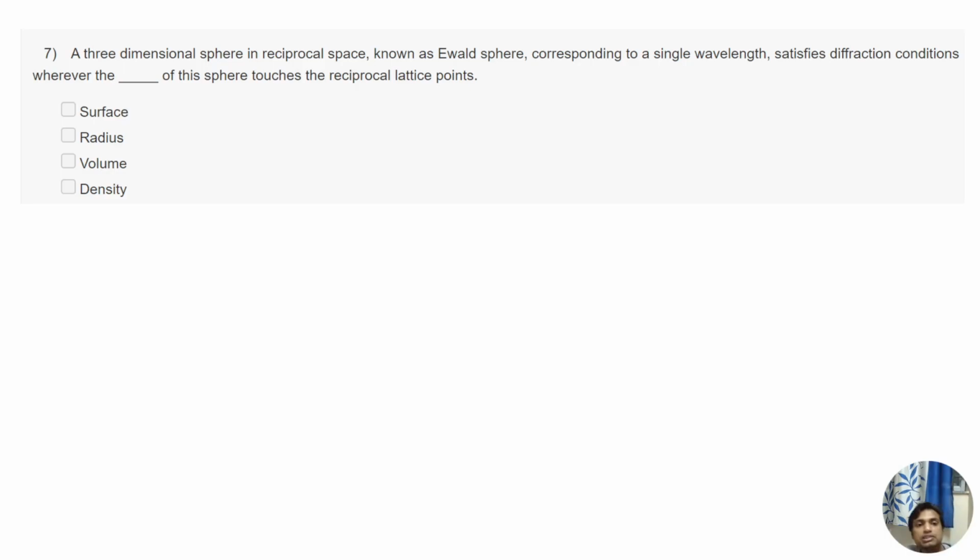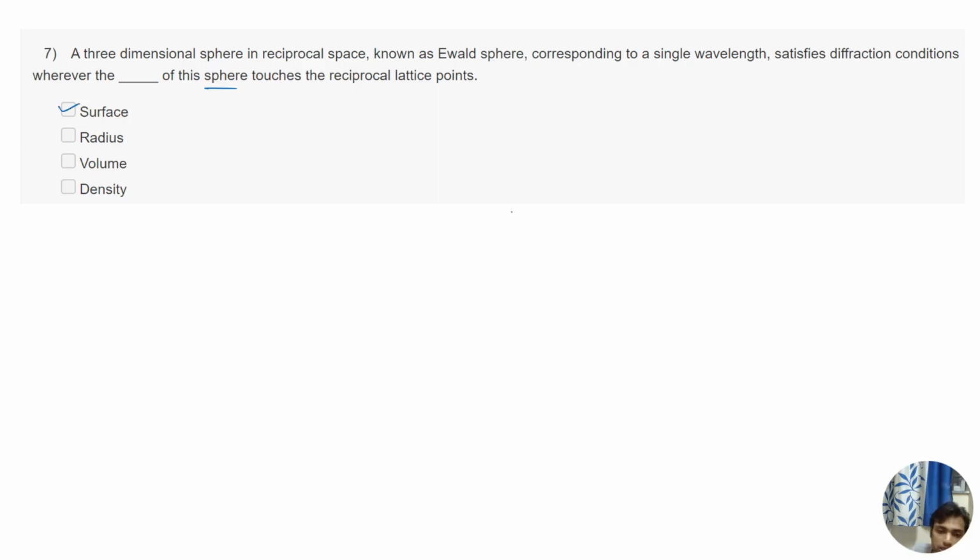A three-dimensional sphere in reciprocal space is known as the Ewald sphere, and it corresponds to a single wavelength. It satisfies diffraction conditions wherever the surface of this sphere touches the reciprocal lattice points. Why?